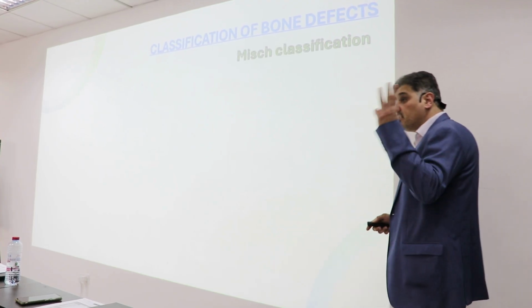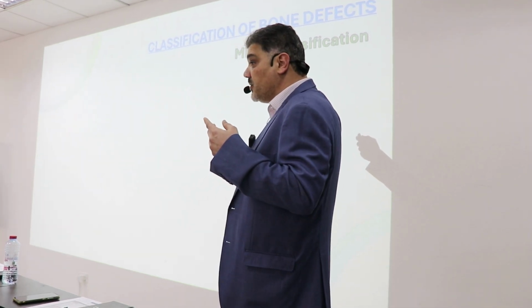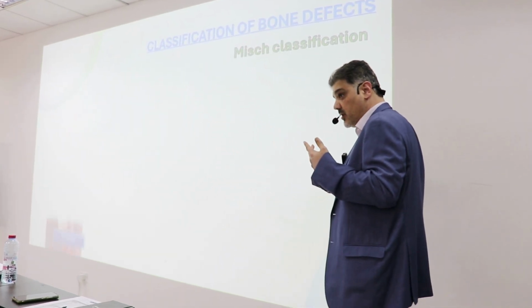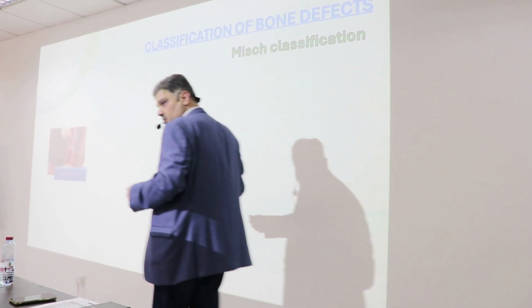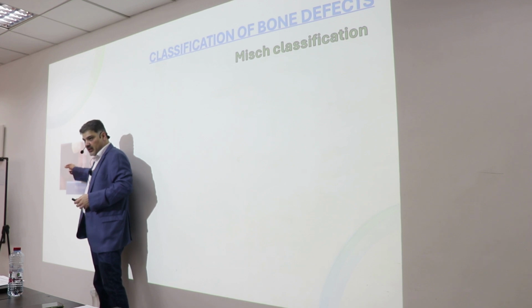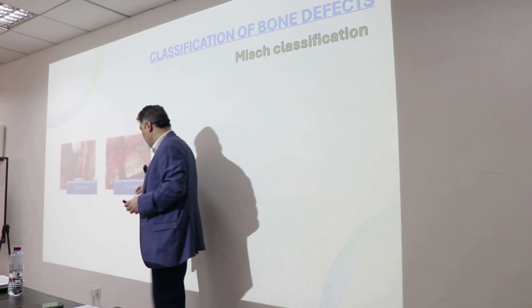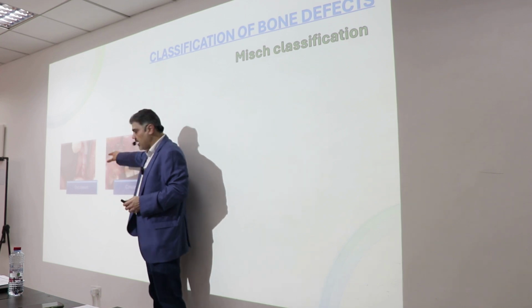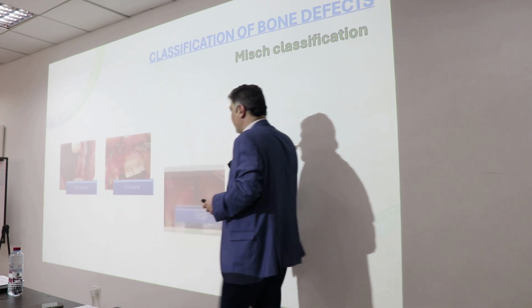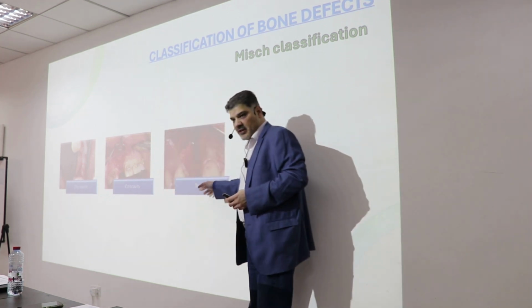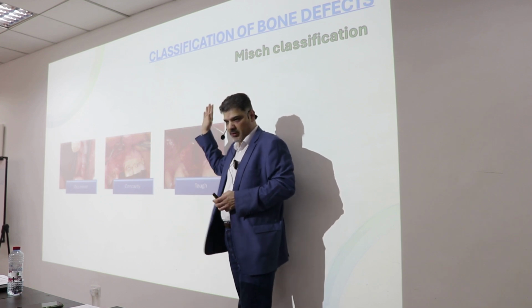Now, a third classification I'm going to tell you, and it's found in the textbook, which is the MESH classification, which we discussed in the last lecture. The first is where the defect is only on the coronal part, a concavity in the superior part of the alveolar crest in a concave shape, or trough. Imagine an extraction socket with no buccal wall.